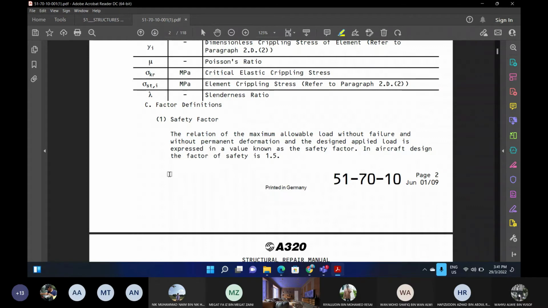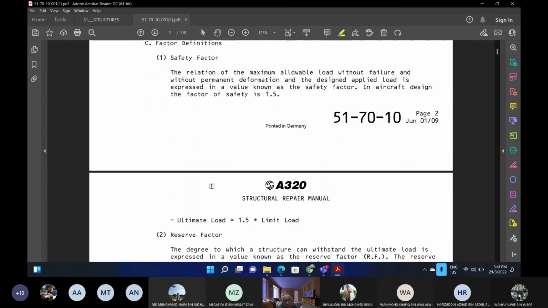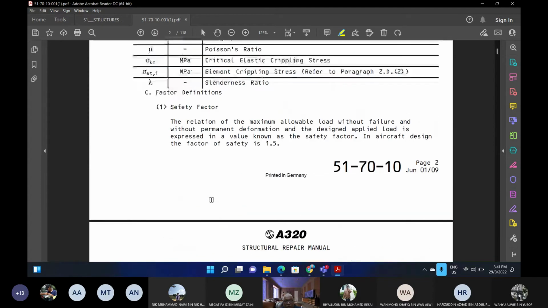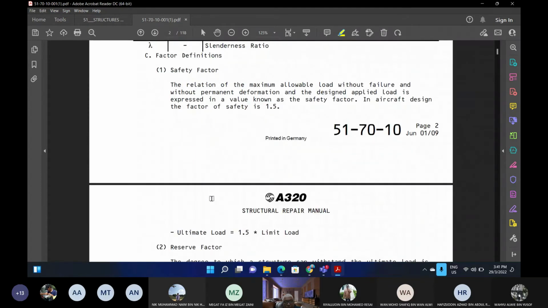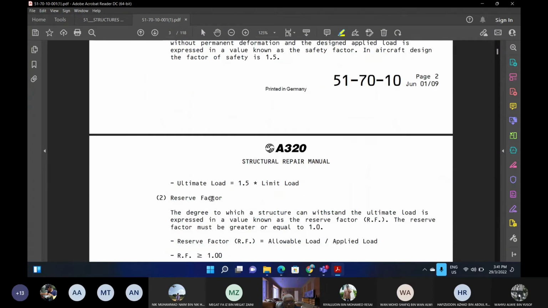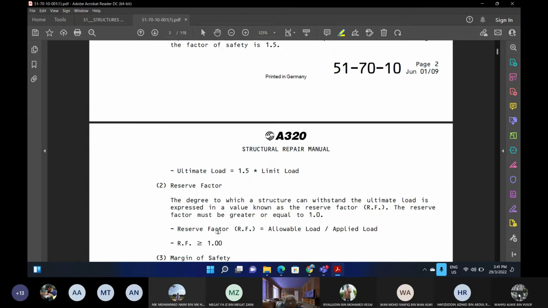That margin will be able to handle anything: errors, environmental issues, structure overload, unexpected operational load, things like that. Then there's another term, we call it reserve factor. For reserve factor, you just divide the allowable load by the applied load. So the allowable load you design to, say 150, the applied load is 100, so you have a reserve factor more than one.